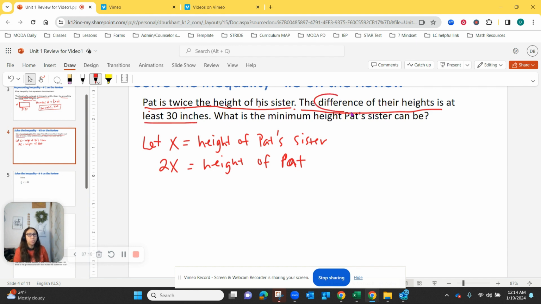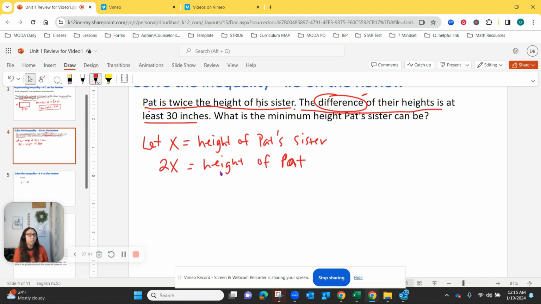So difference right here is subtraction, that is minus. Now, I would say that Pat is taller than his sister, because of the 2 right here, you're doubling the height of Pat's sister.